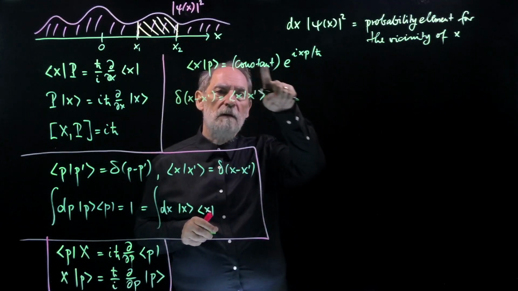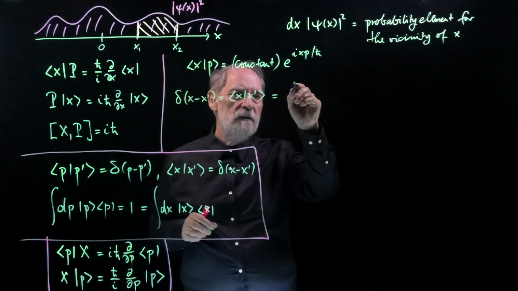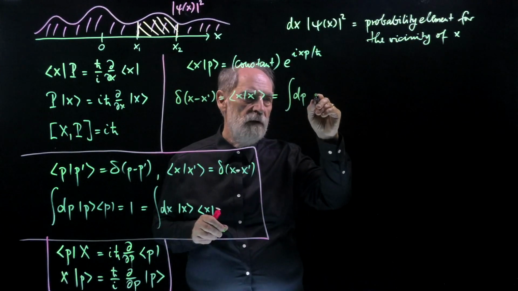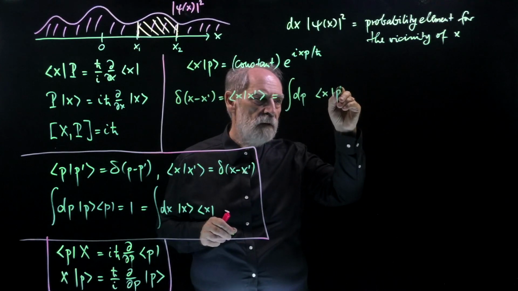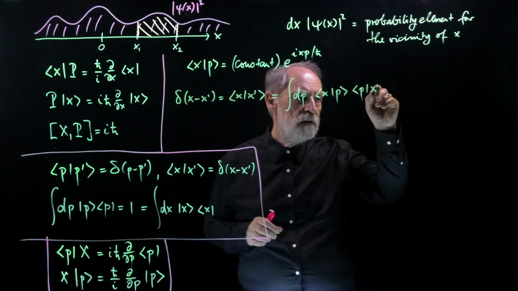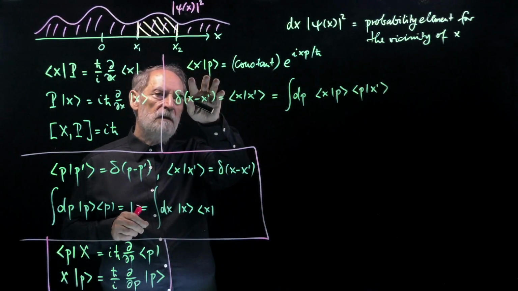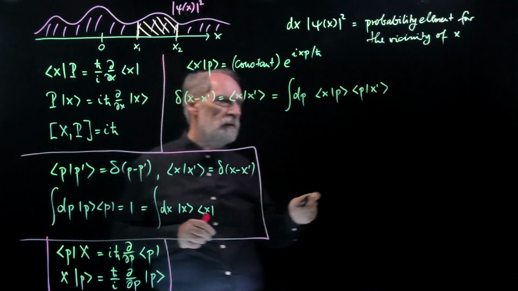x bracket. And so with this completeness of the p states, we write this as an integral over p. Then we have the xp transformation function. We have the px prime transformation function, which of course is this kind of function, complex conjugate.